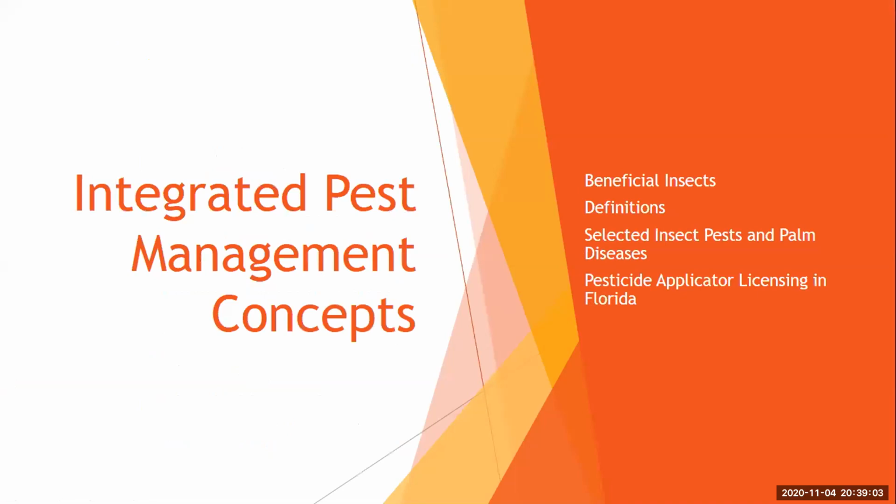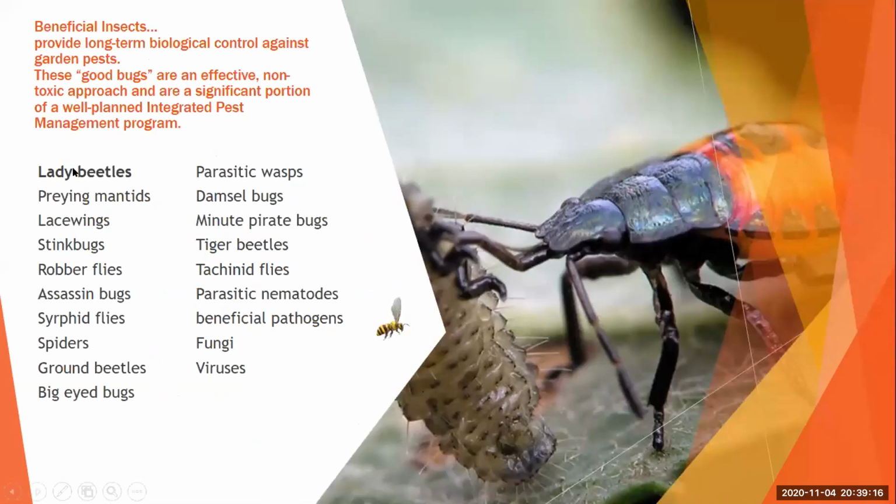All right. Let's talk about IPM a little bit. There are not too many questions about IPM, maybe only 1 or 2. This is very important. Ladybugs are good or bad? Good. Okay, they're beneficial.